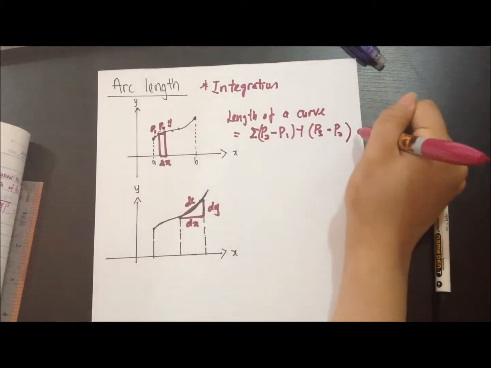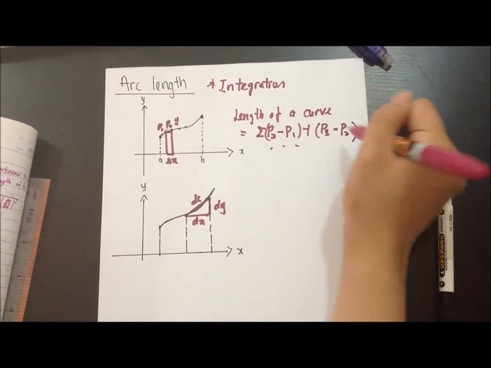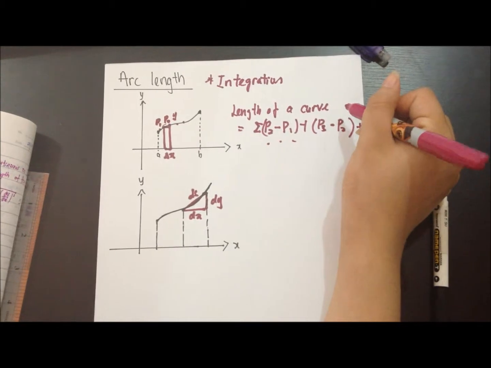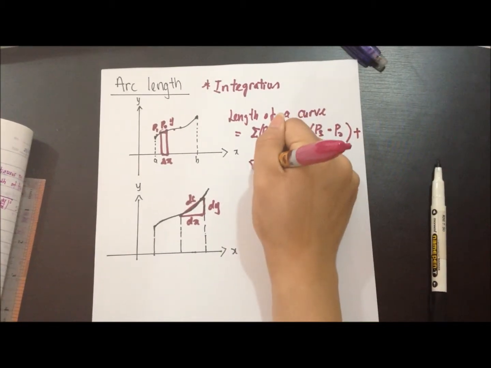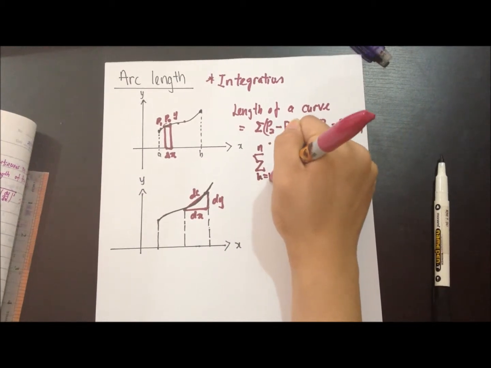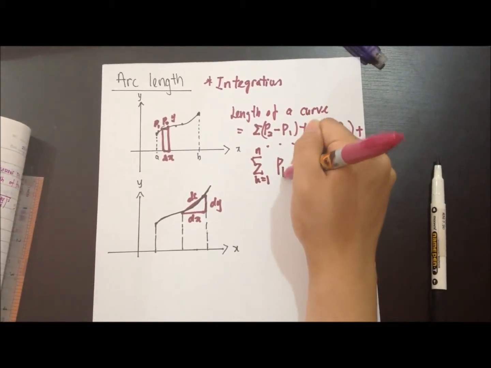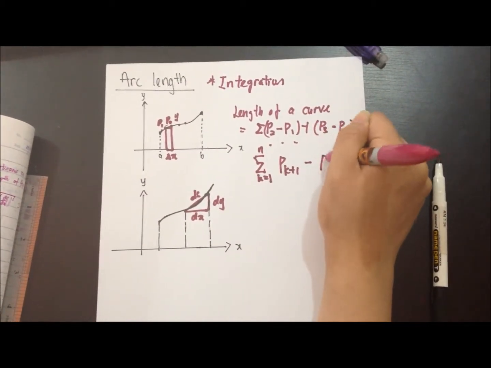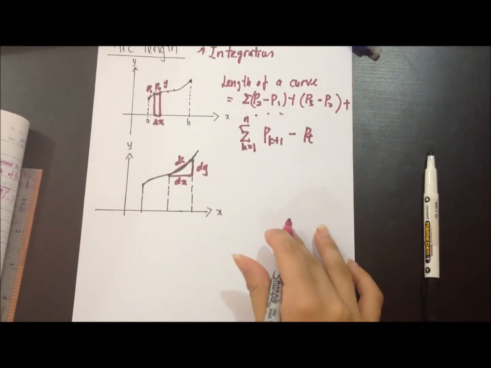Then we add all of them, and we will get the length of the curve. So in total, the sum of the arc length, the formula is like that.